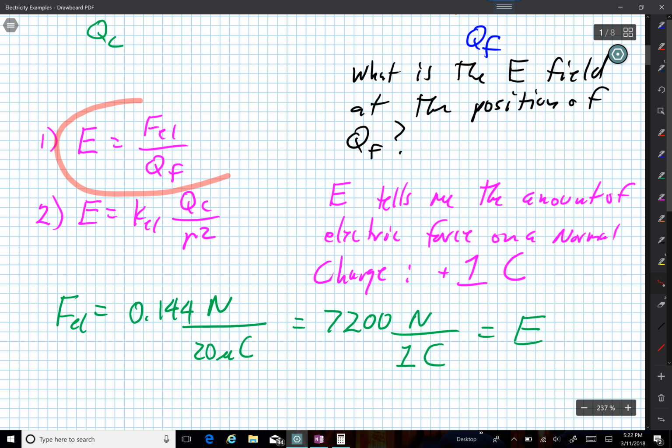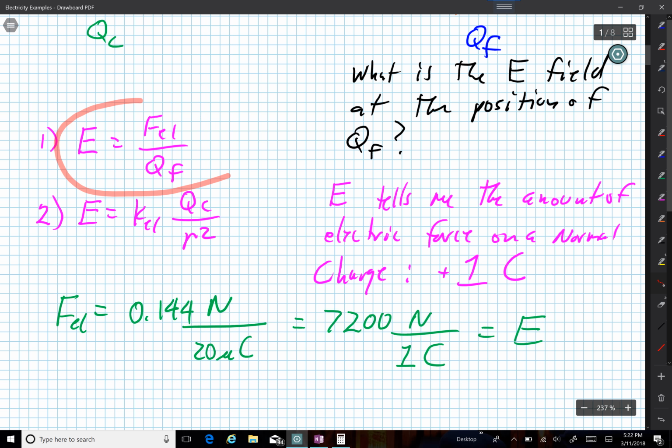Now look, this equation is so close to Coulomb's law. If I wanted to make this equation into Coulomb's law, all I would need to do would be to put a QF up here. Look at these two equations. I'm sure you've noticed this, we've pointed it out before. The only difference is that we're missing a QF in the electric field equation.